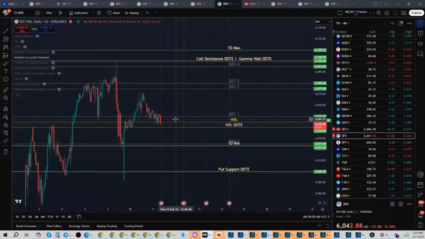Yeah, of course, we know that ES gap down. How much are we down now? 25 points. So roughly 0.3-ish%.